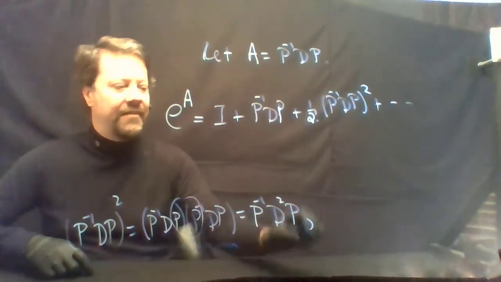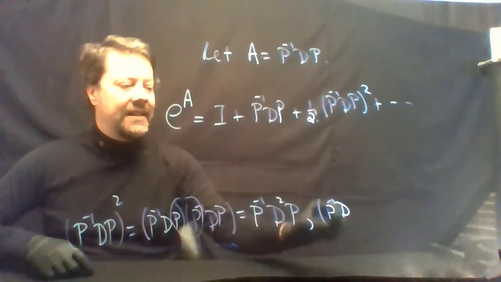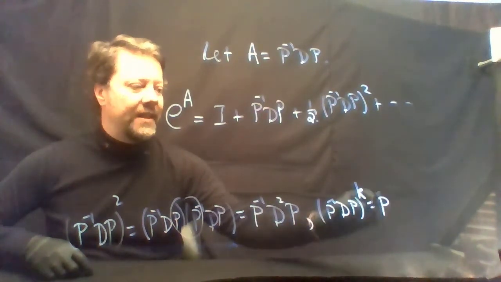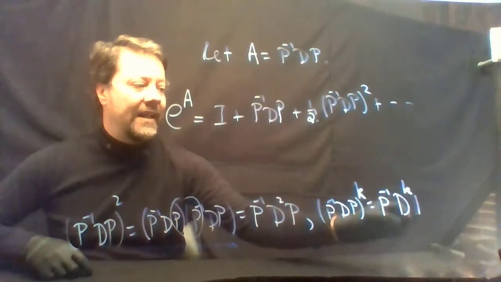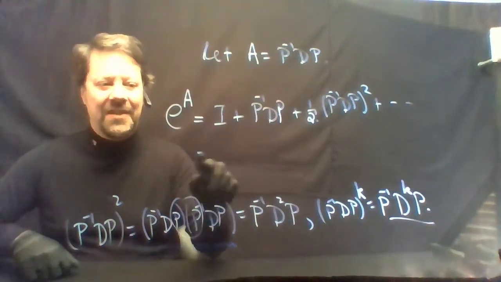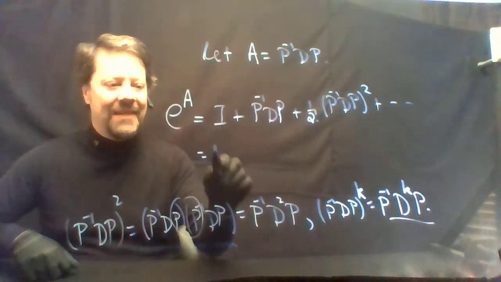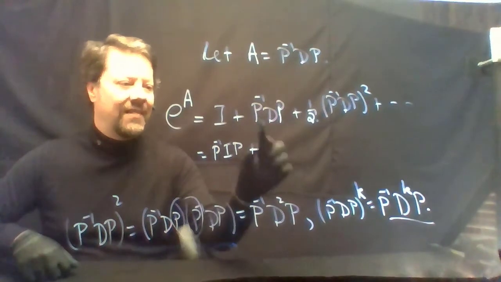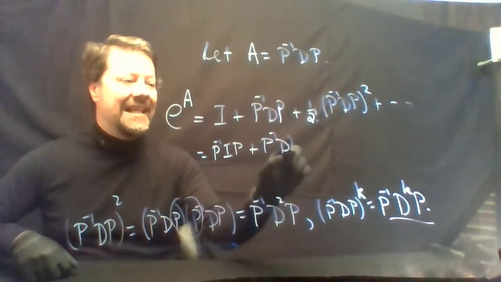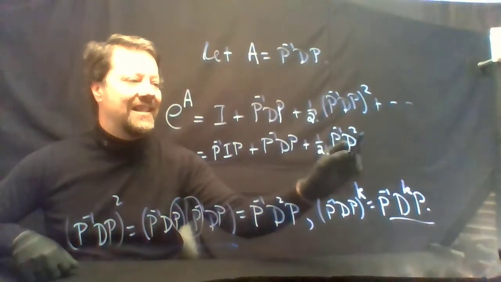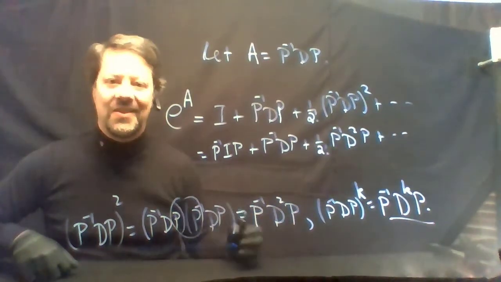So if I have P inverse D P to the power k, that always simplifies as P inverse D to the power k P. So for sake of argument, consider the identity matrix to be P inverse I P. The next term is P inverse D P, 1 over 2 factorial P inverse D squared P, and so on down the line.